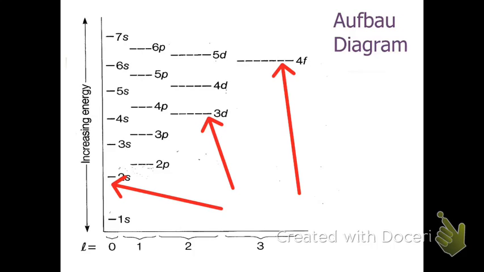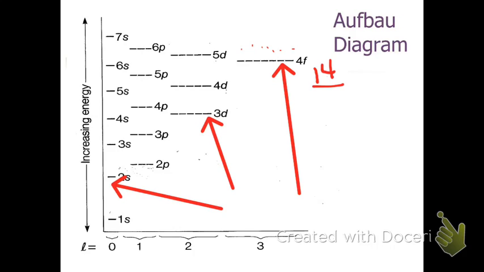So if you were to go up to the F level and count, you'd get 1, 2, 3, 4, 5, 6, 7. There are 7 orbitals, and each one contains 2, which means that the F sublevel can contain 14 electrons.